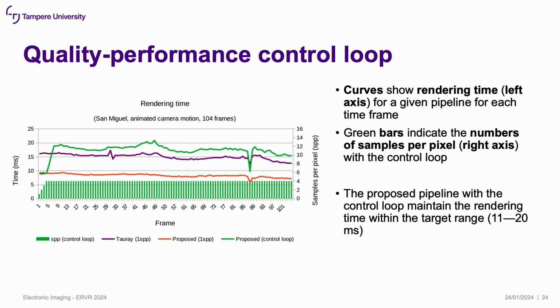Progressively, we add more samples per pixel, and at some point, when we arrive at around 4 samples per pixel, the samples being the rays per pixel, we see that we are able to stay constantly in the target range that we fixed.